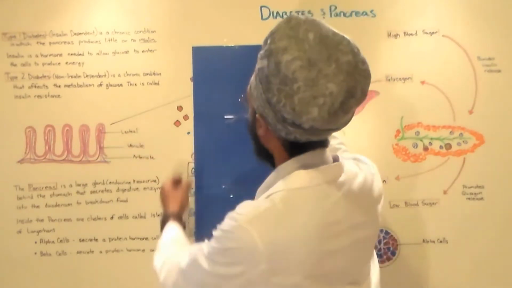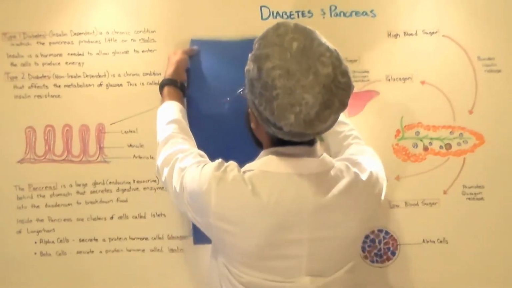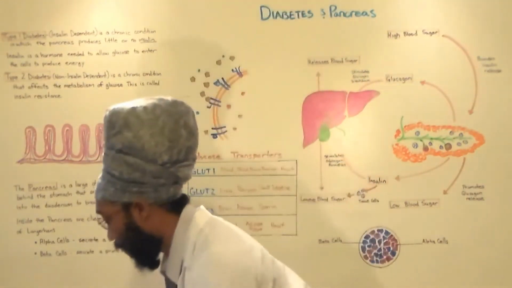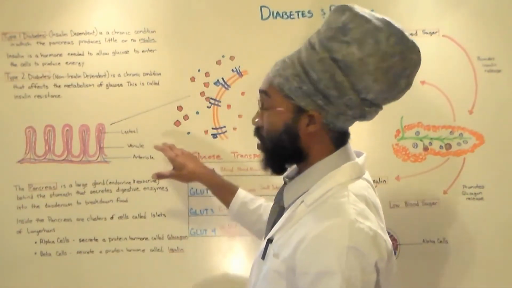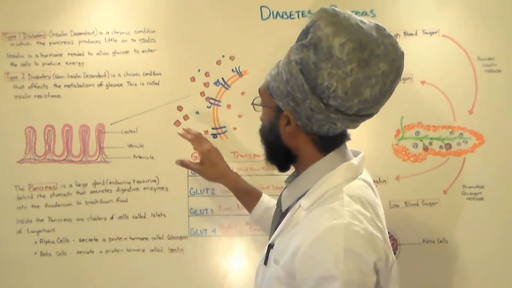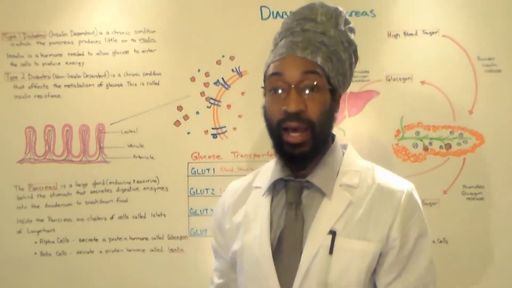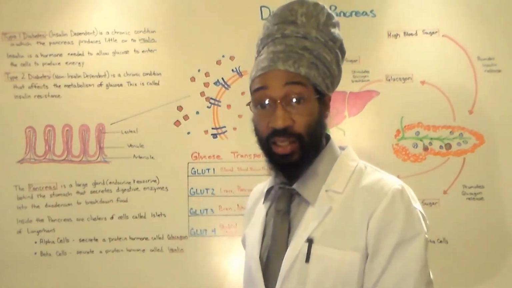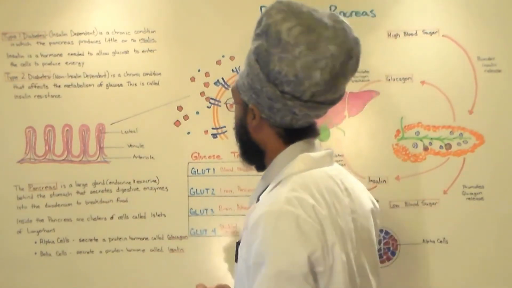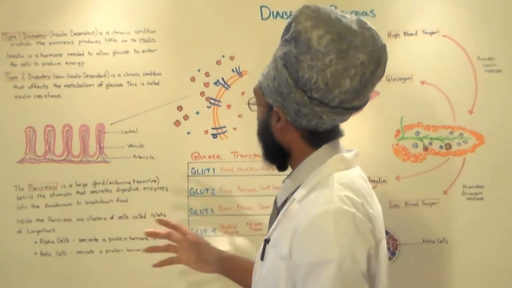But I blew this up right here to show you that these glucose molecules, once they are in the bloodstream, they are looking for insulin to help them guide into the cell. That way they can produce the ATP that is needed, and then we have the energy that is needed. That's a normal person.